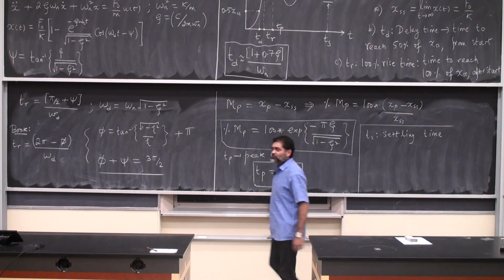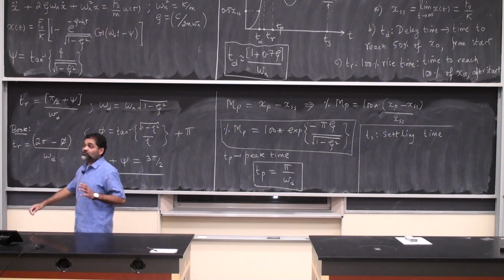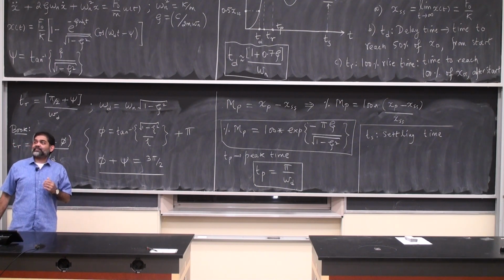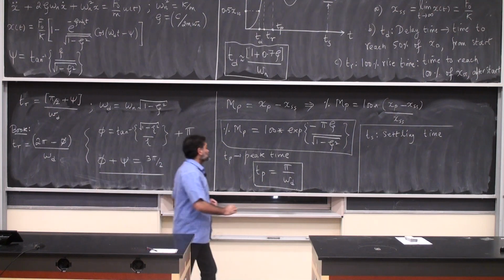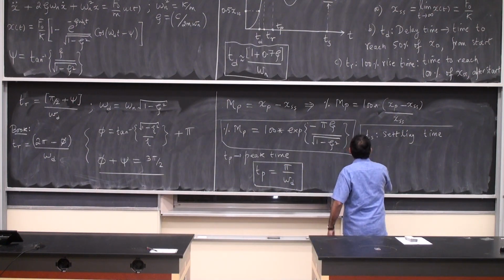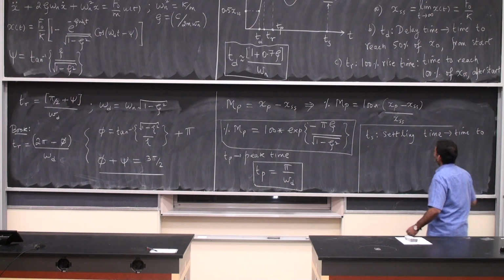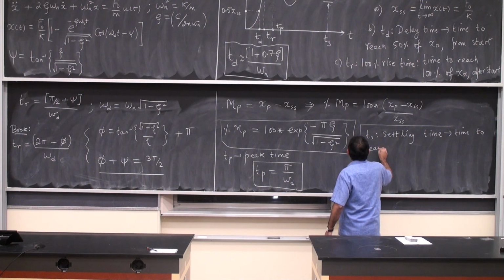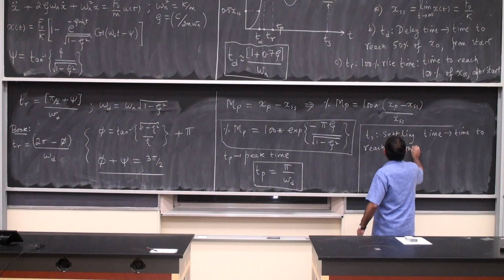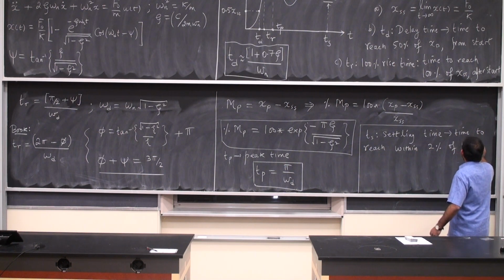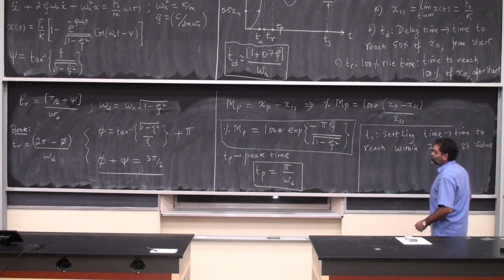Settling time. It has the same idea as what we do for a first order system. A first order system, when does it settle down to steady state? Is when it crosses past 4 times the time constant. Exactly the same notion here as well. So Ts is time taken to reach within 2% of steady state value.